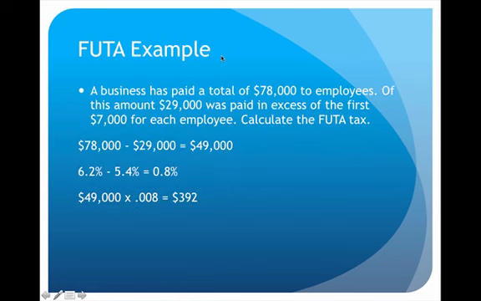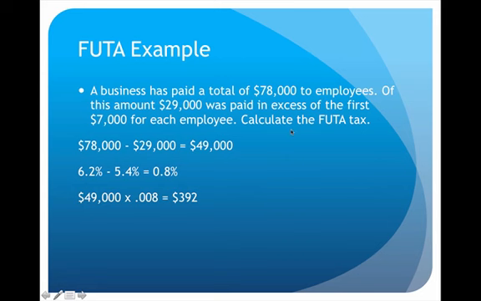So to look at an example, we have a business here that so far has paid out a total payroll of $78,000 to all their employees. It says of that amount, $29,000 was in excess over and above the first $7,000 for each employee, and we need to calculate the FUTA tax.